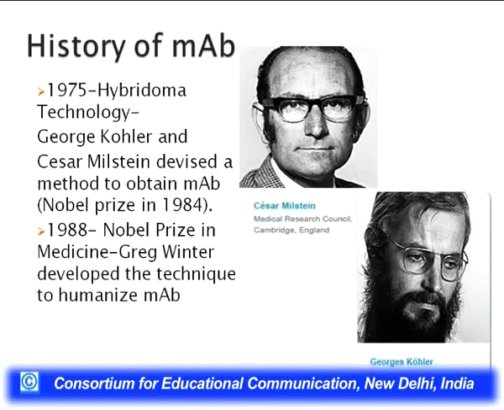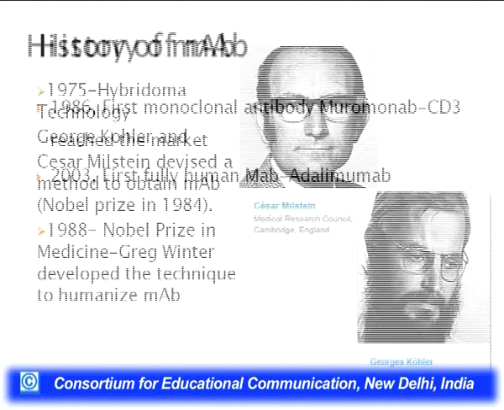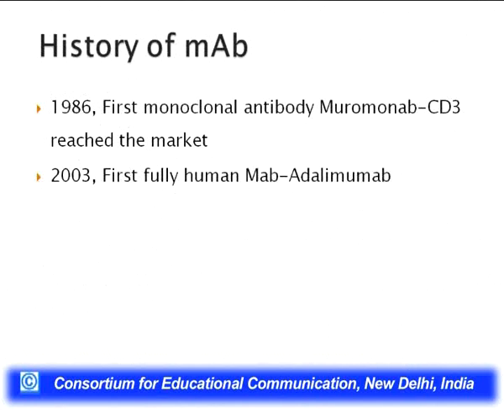In 1988, the Nobel Prize in Medicine went to Greg Winter, who developed the technique to humanize the monoclonal antibodies. Continuing with the history of monoclonal antibodies, in 1986, first monoclonal antibody Muromonab CD3 reached the market. In 2003, the first fully human monoclonal antibody adalimumab came into the market.